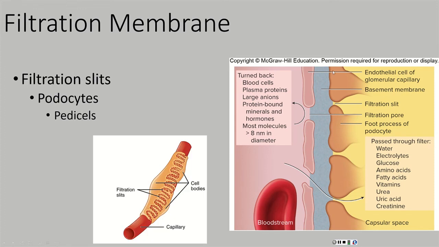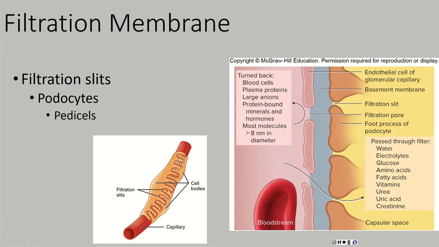Now, over here, what we see, these little projections right here, these are what we call foot processes of podocytes. Let's go over here and look at this kind of cartoonized image. This red tube is the capillary. In this case, it's the capillaries that make up the glomerulus.